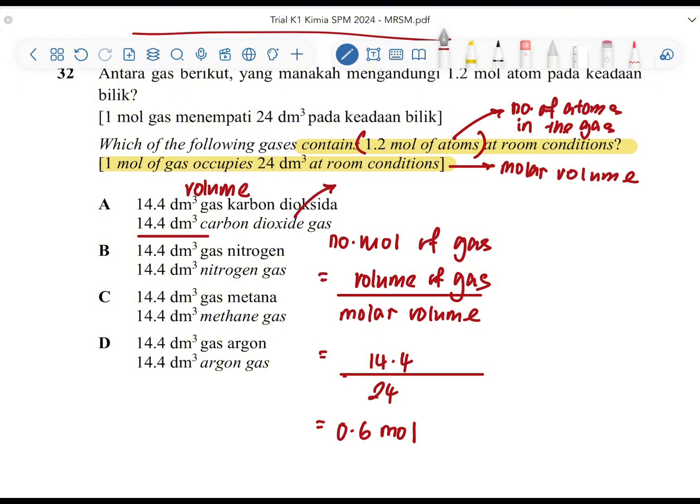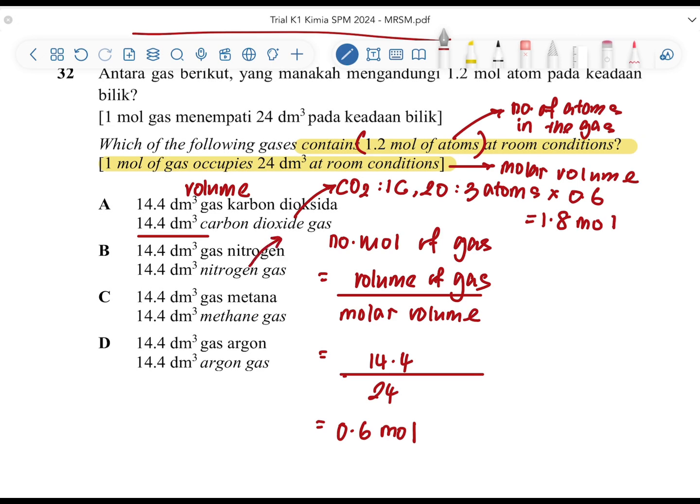Let's say for example carbon dioxide, CO2, it has 1 carbon and 2 oxygen, so it has 3 atoms altogether. To find the number of moles of atoms it contains, we multiply this 3 with 0.6, which is equal to 1.8 mole.